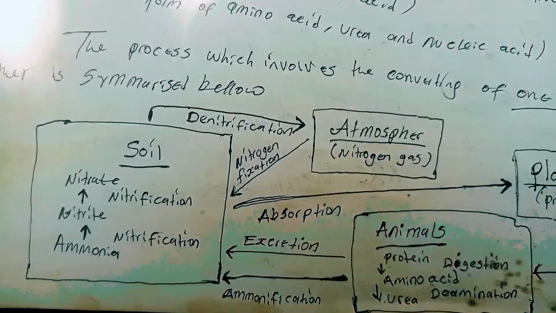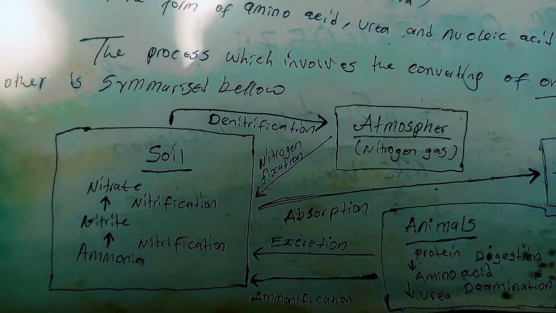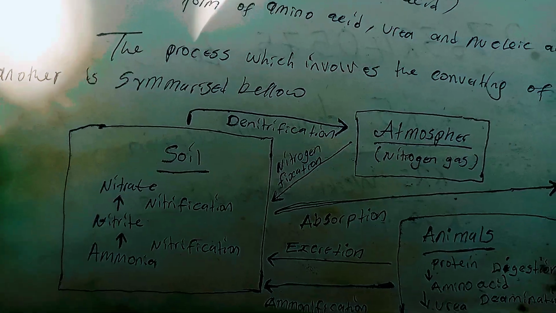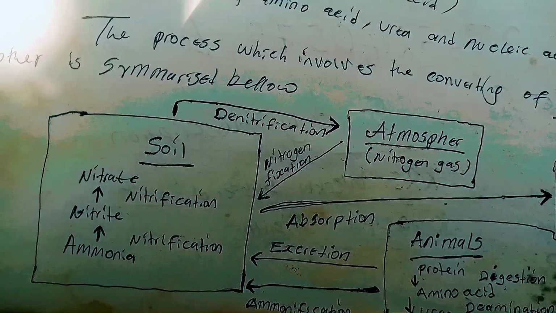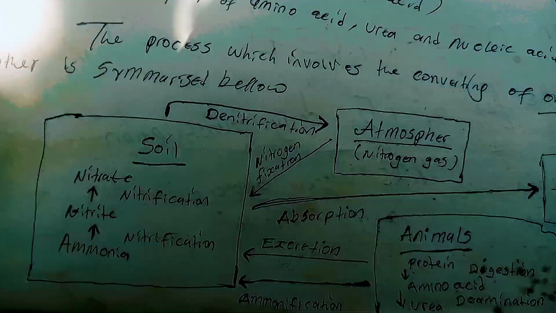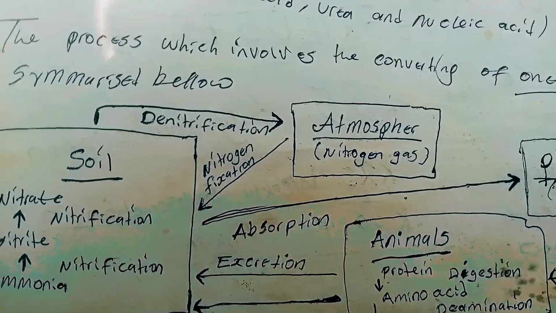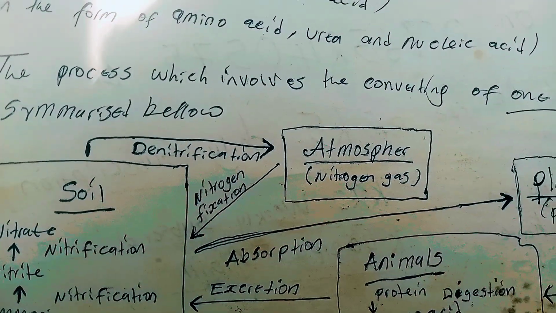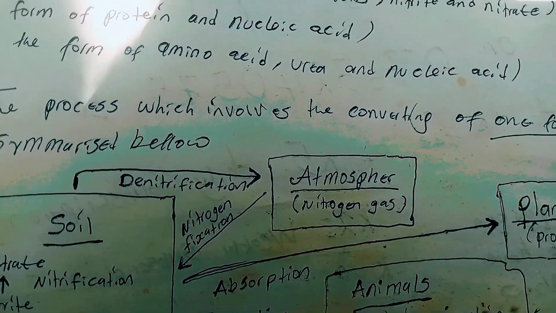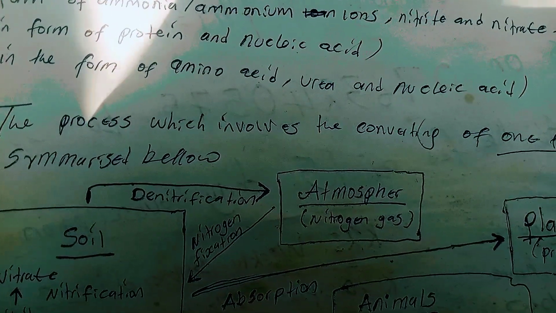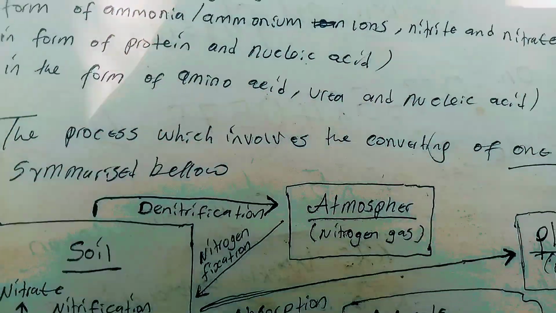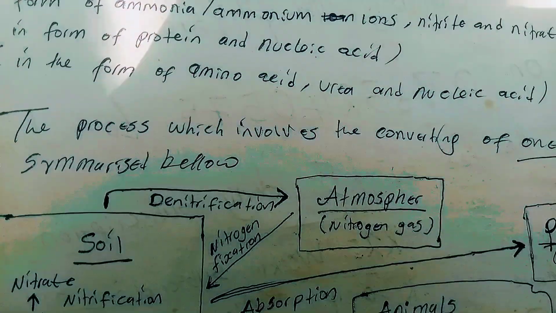Examples of bacteria which help nitrogen to be converted into a nitrogen absorbable compound with the help of hydrogen are Rhizobium, Azotobacter, Clostridium, and Anabaena.